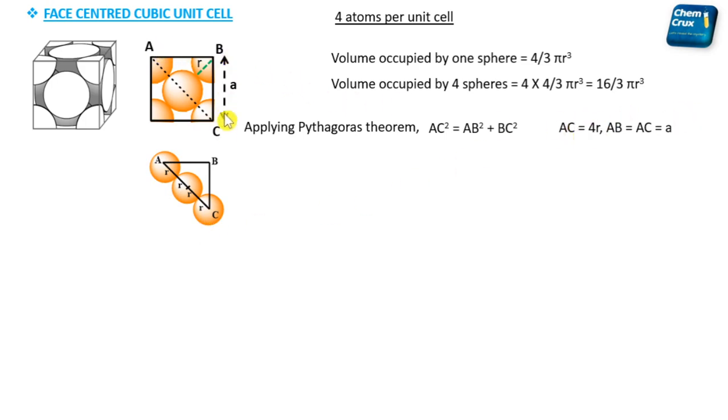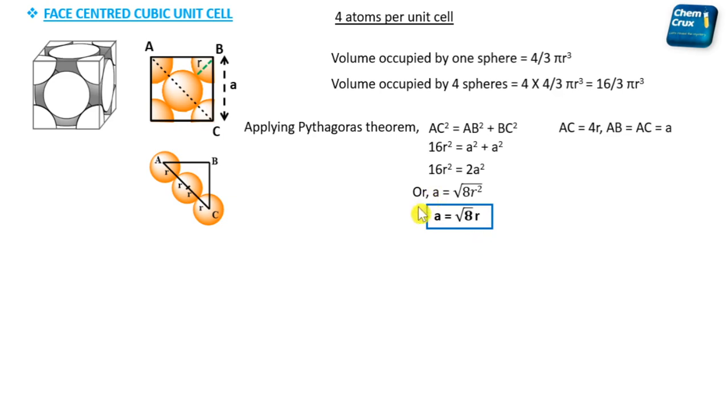AB and BC are edge length of the unit cell, so they will be equal to a. Now if I put these values in this equation, we will get 16r square is equal to a square plus a square, or 16r square is equal to 2a square, or a is equal to root under 8r square. So we will get the value of a as root under 8 r.